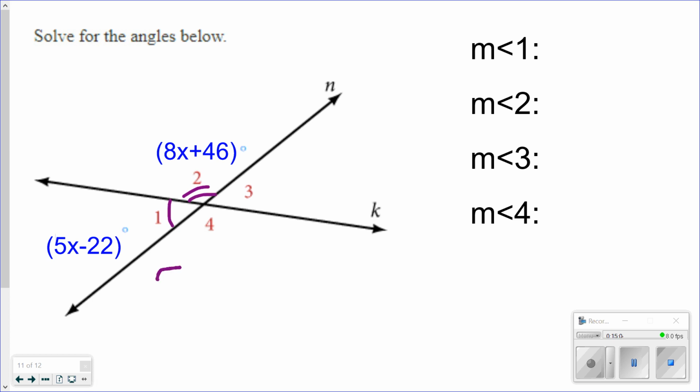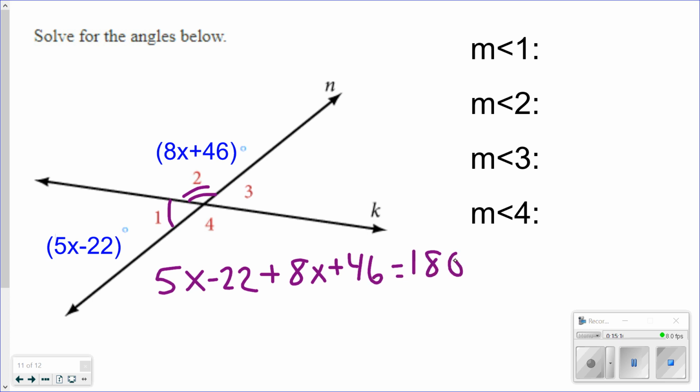So 5x minus 22 plus 8x plus 46 is equal to 180 degrees. I need to combine my like terms, so 5x and 8x is 13x.